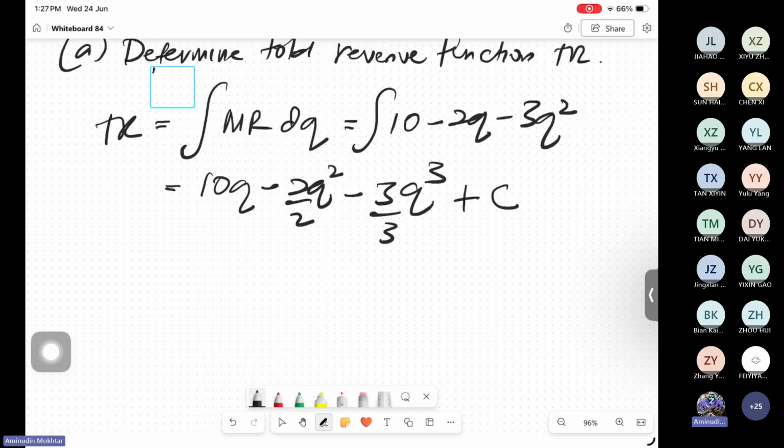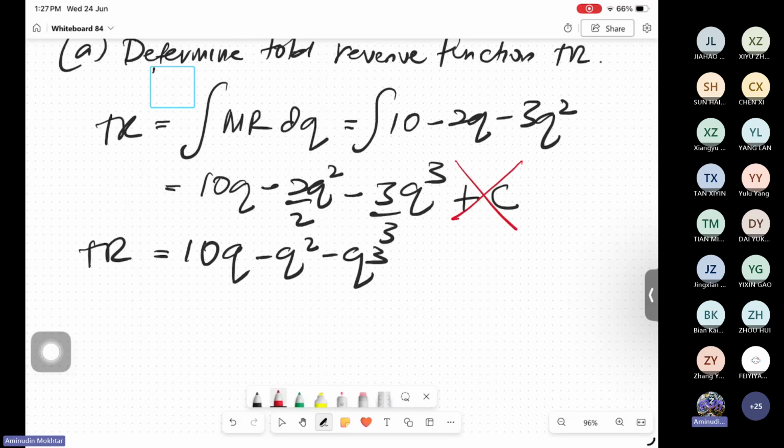So we can simplify this. The answer is 10Q minus Q squared minus Q to the power of 3, and then no need plus C, because for TR, when Q equal 0, TR must equal 0. That is based on the theory.